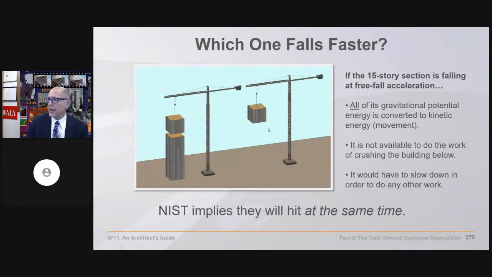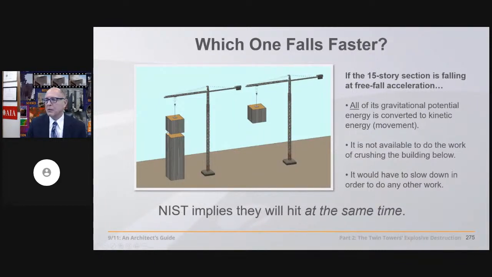Let's look at it another way. We have on the right the upper section of building held up over nothing but air. On the left, the same section of building held up over 80,000 tons of structural steel framing designed to resist that load 3 to 5 times longer.